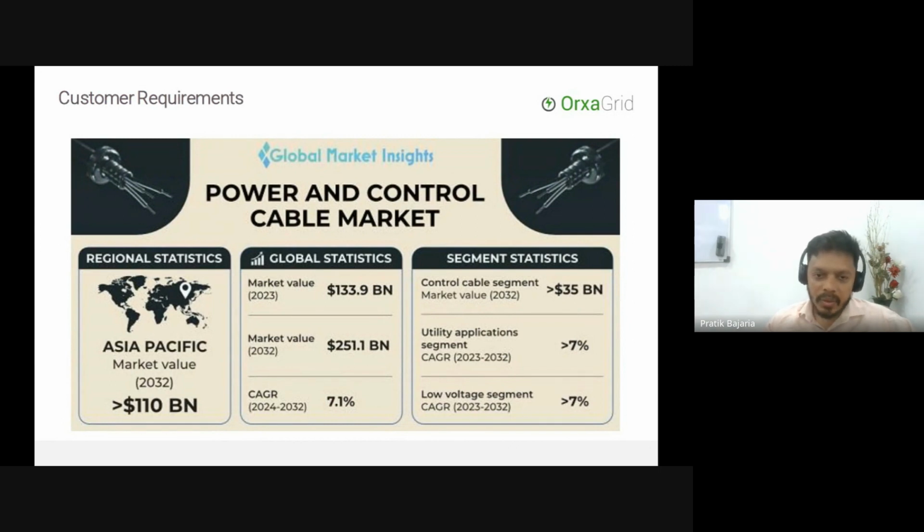That is the case, so you can understand that the overall market of development and deployment of power and control cables in this sector is going to have more requirements as we go. You can also depend on the understanding of the health indices of these particular assets, right?